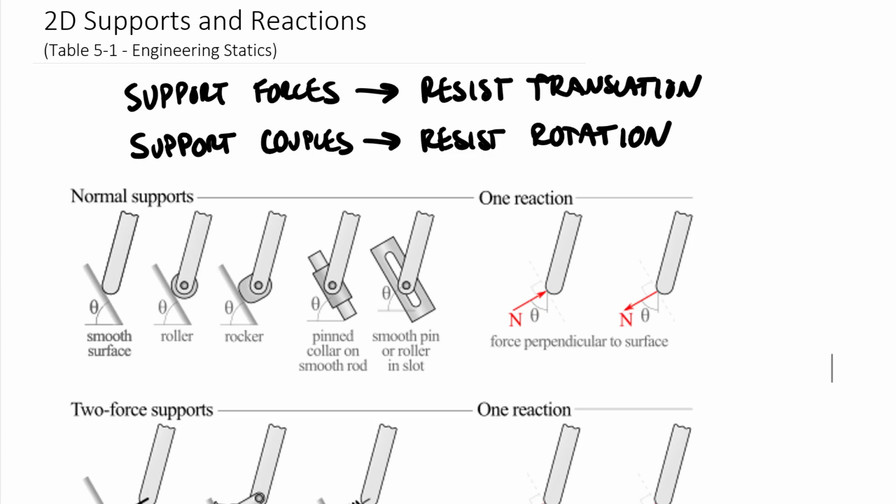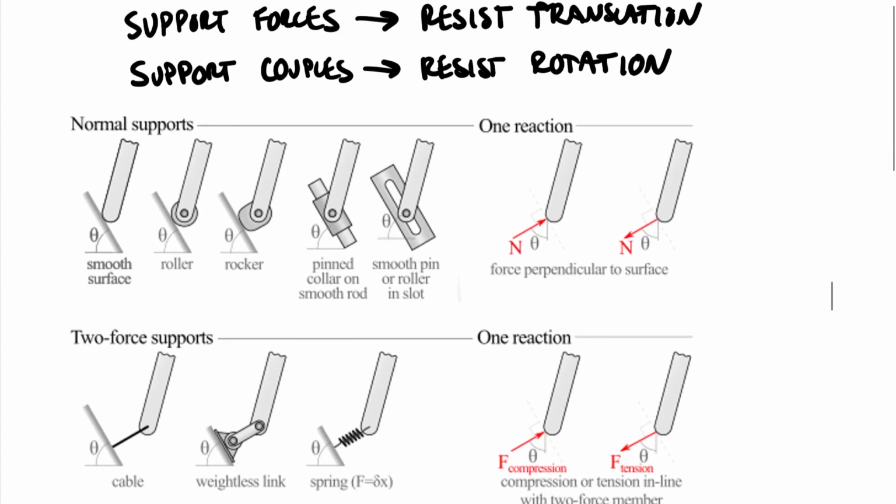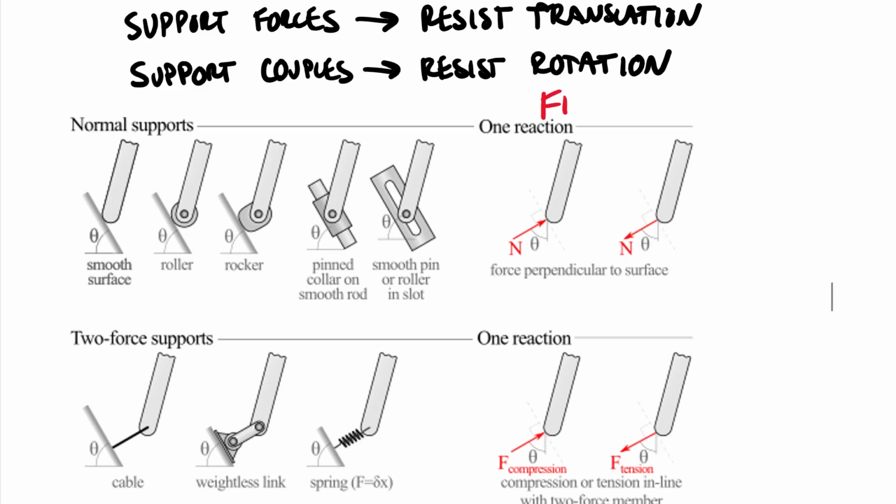And so fundamentally in this table, you'll find that the physical, the problem sketch type drawing will be on the left, and then its implication on your free body diagram is going to be over on the right. Okay, the kind of forces and or couples that come from the physical connection after we've isolated that connection, or basically the body away from the connection.